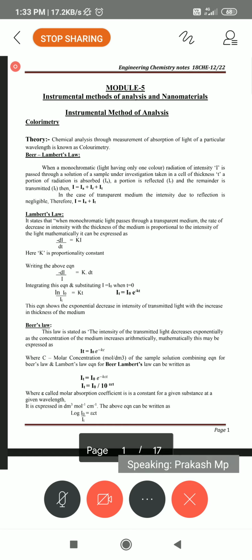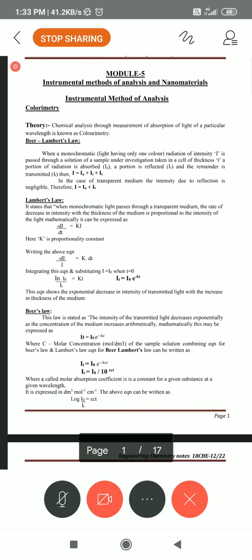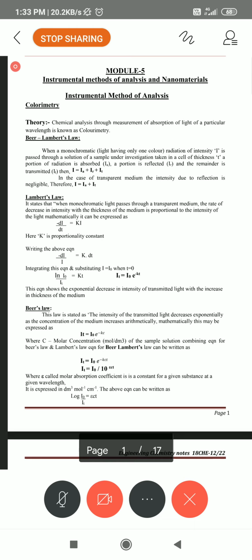At the start, I is equal to I naught, meaning initially there is no absorption. At that time we can find the value of the integration constant c, then substitute all those values. Finally you get log I naught by I is equal to kt.